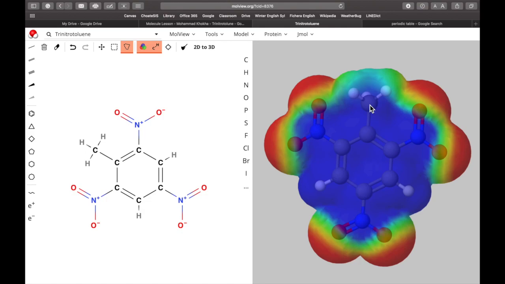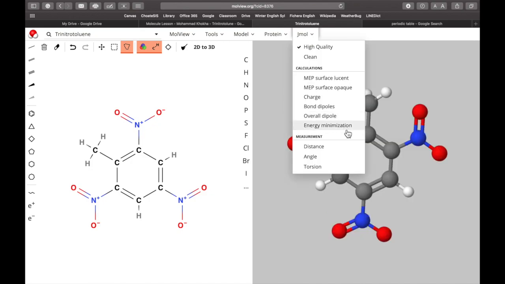As we can see, this carbon bonded to these 3 hydrogens is much less negative than these oxygens down here. We can then extrapolate that the overall bond polarity will be facing this way. So let's clear this and show the overall molecular polarity.